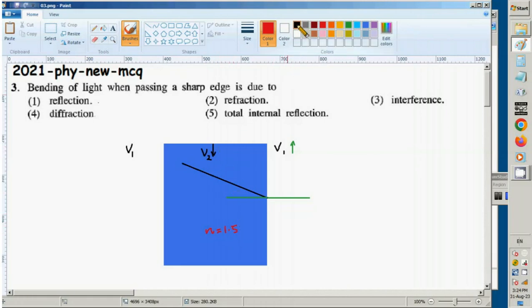Smaller means the wave is slow here. Wave is slow here. Here fast. So 1.5 here, the refractive index here is 1. Then what happens, this emergent ray was previously heading this way, but due to this velocity change, it bends like this, away from the normal.